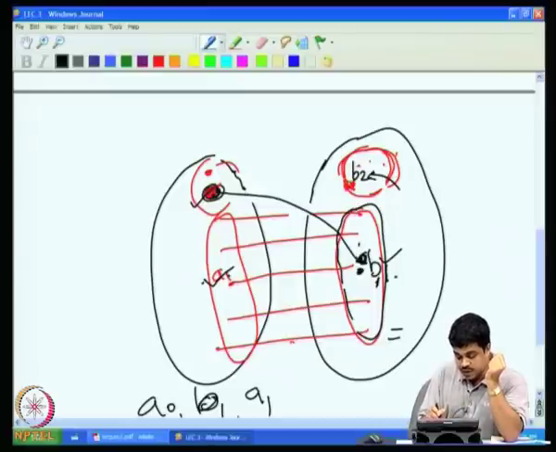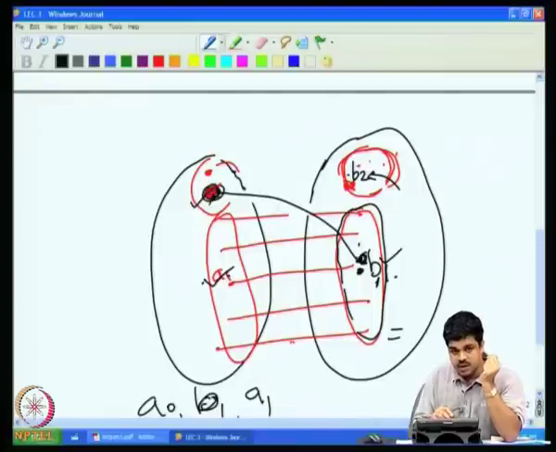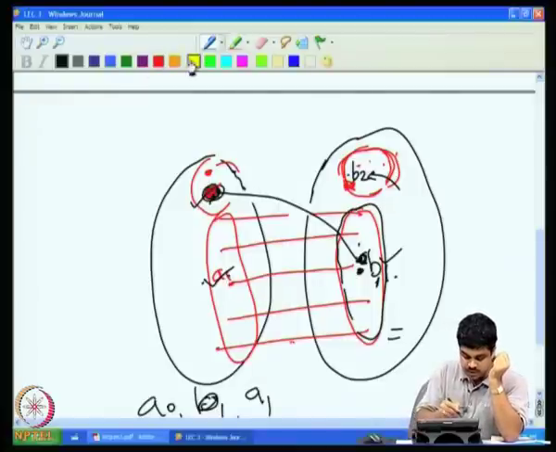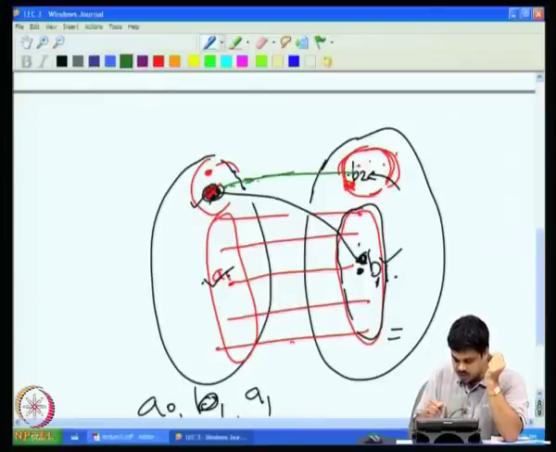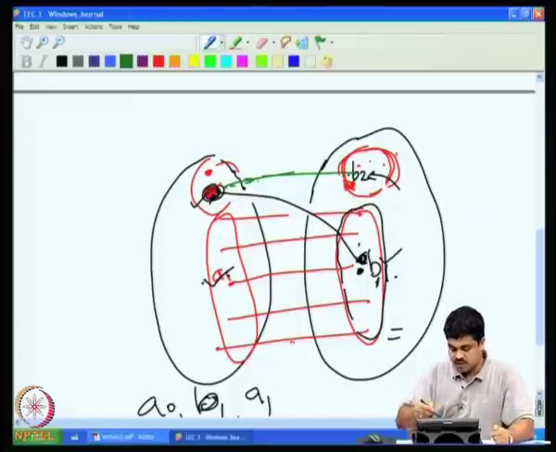As we have already told, it is not possible to have a connection between B2 and A0, because if this connection was there, then we can already make the matching bigger by adding this green edge to the already existing red edges.